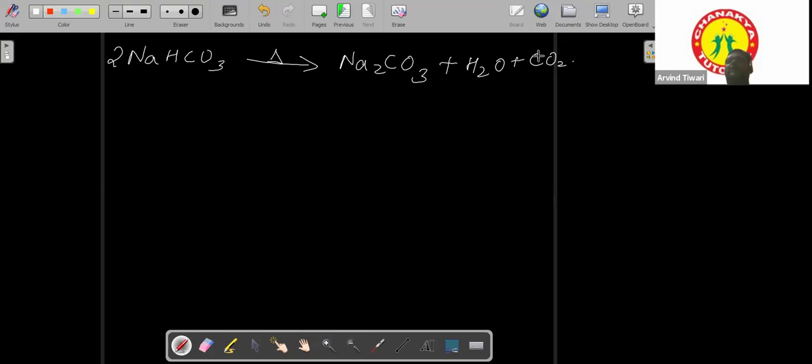So while heating sodium hydrogen carbonate, you are getting carbon dioxide gas. Now, while preparing the batter, if your batter contains baking soda and you heat it, don't you think that carbon dioxide gas will be produced?